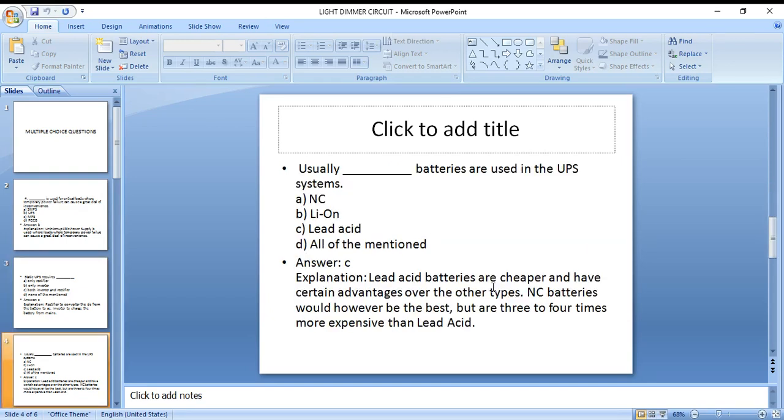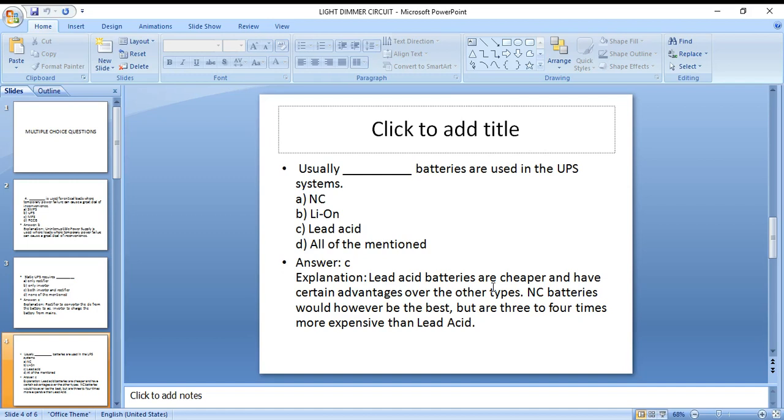Usually, dash batteries are used in the UPS system. Option A NC, option B lithium ion, option C lead acid, option D all of the above. Generally, if the rating of the UPS is more, then we go for lead acid batteries.